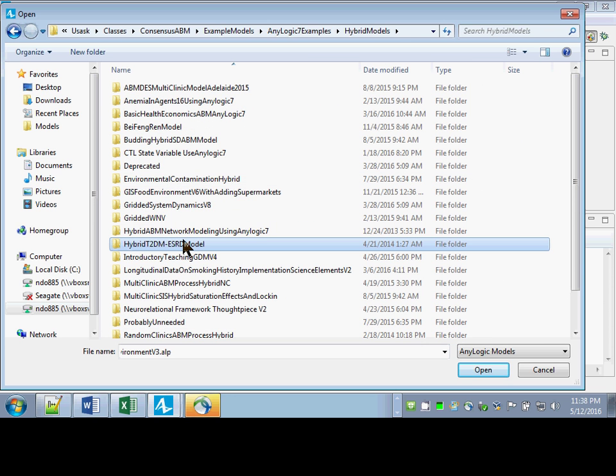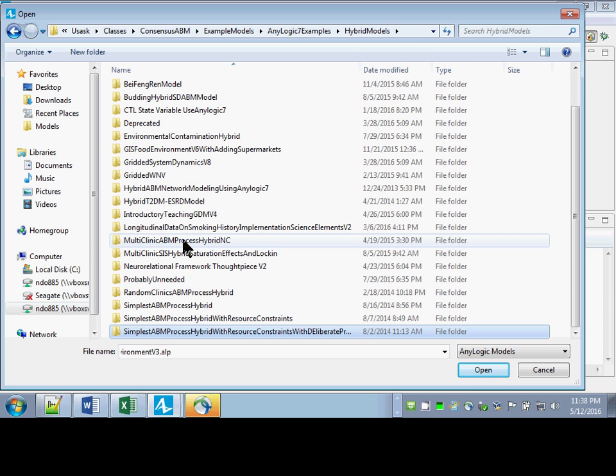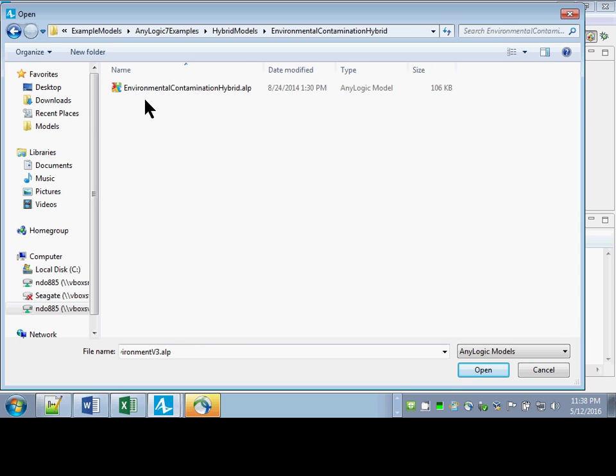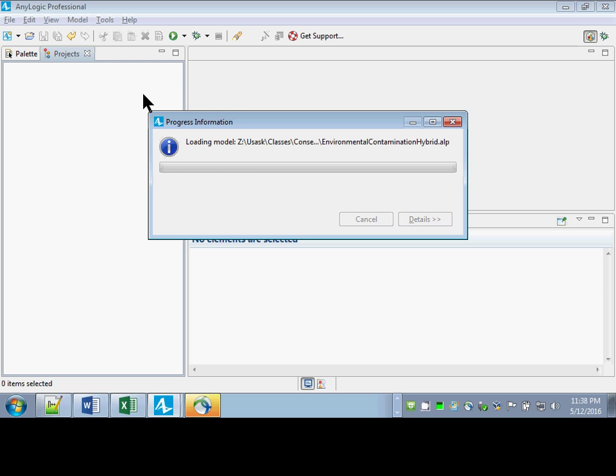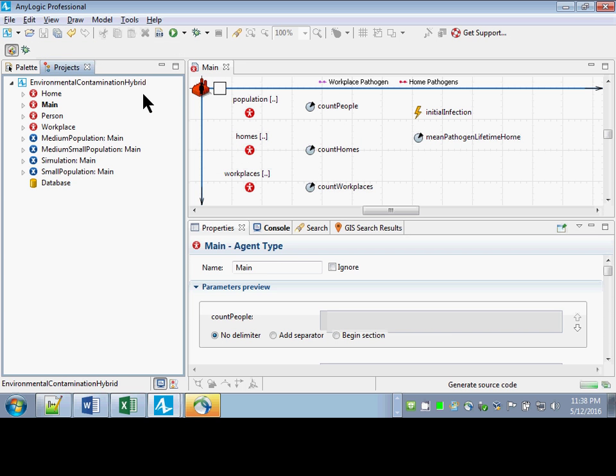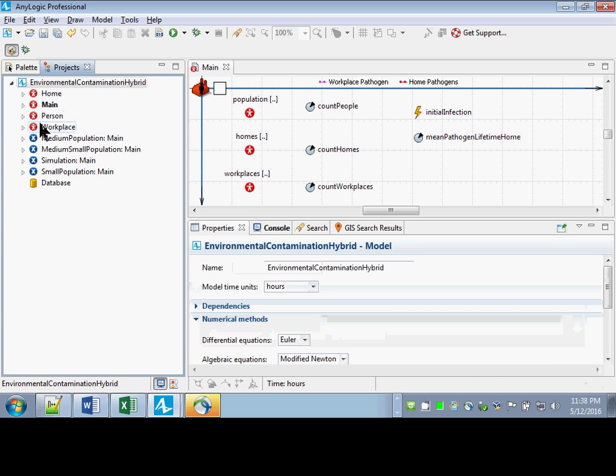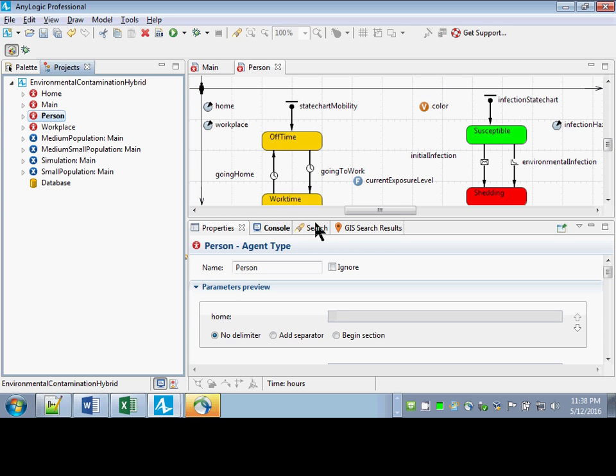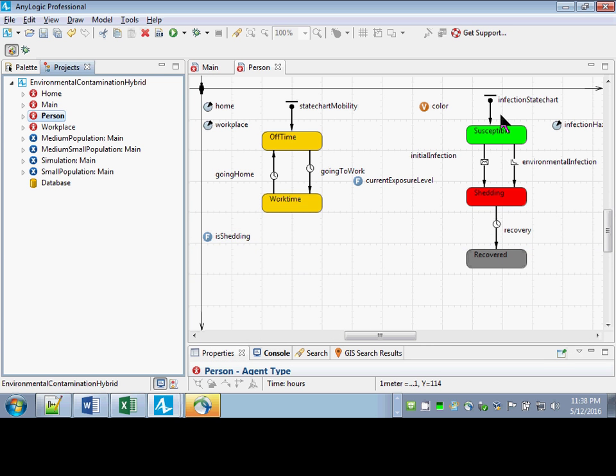So again, hybrid models, and it's called environmental contamination. Now this model basically depicts a situation where we have persons who are in one of several health states. If you go look at person, they have an infection state chart, which is pretty familiar.